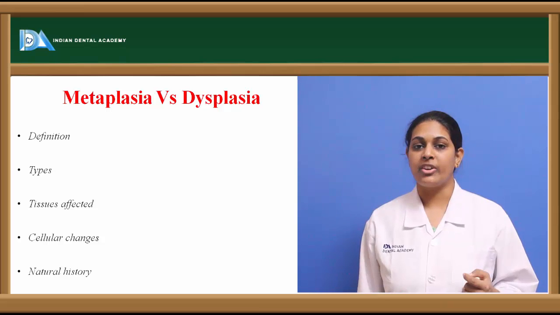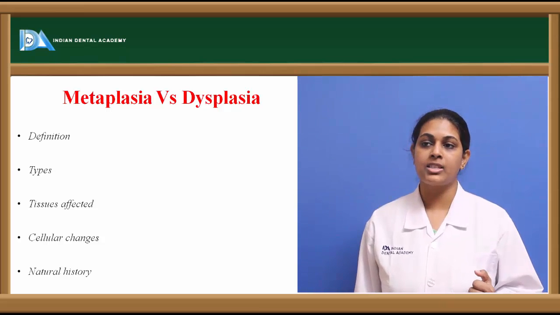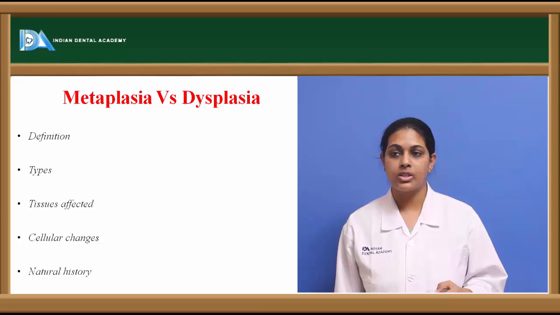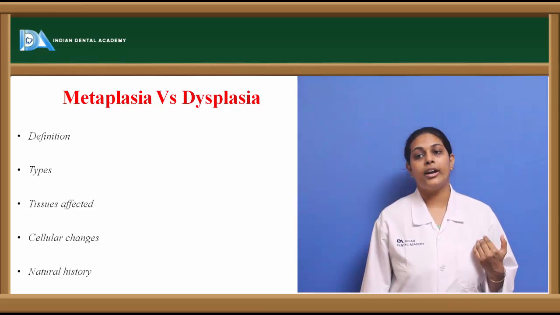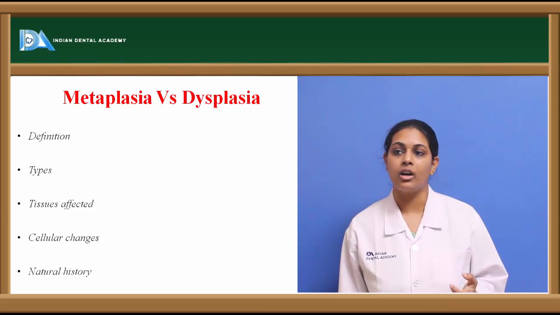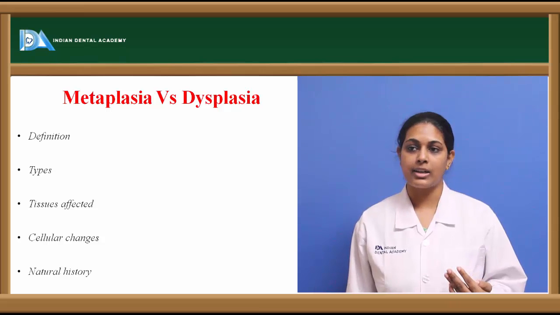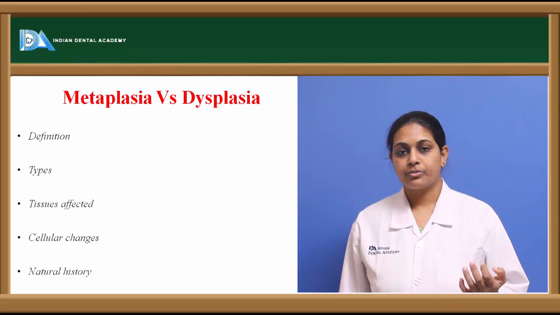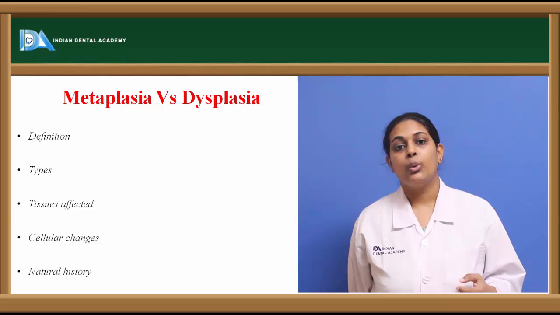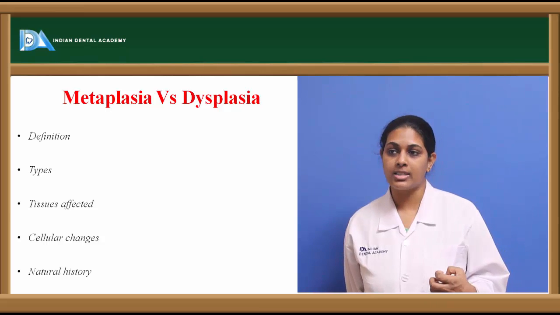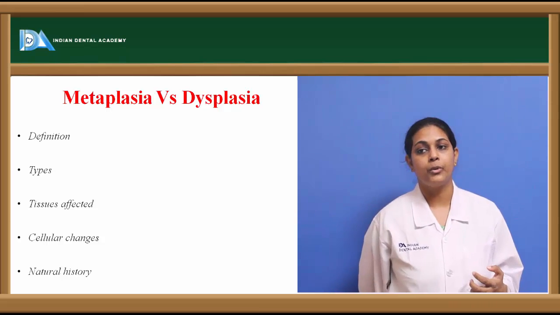Coming to the tissues affected, metaplasia is most commonly seen in the bronchial mucosa as well as the uterine endocervix, or even other mesenchymal tissues such as cartilage and arteries. Whereas dysplasia is mostly confined to the uterine cervix as well as the bronchial mucosa.